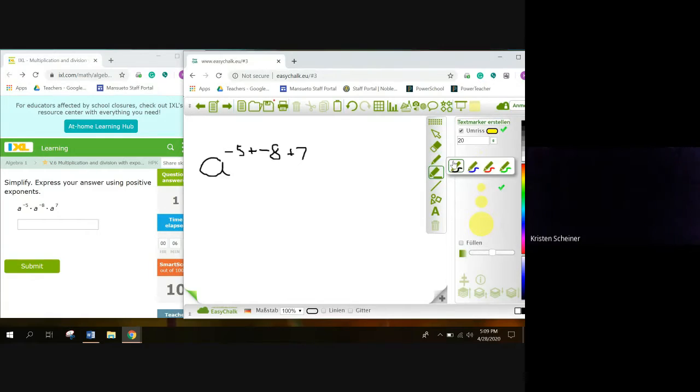When we go ahead and solve this one, if you have negative 5 minus 8, you're going to get a larger negative number, and your answer is going to be negative 13. Then I have to bring down this plus 7.